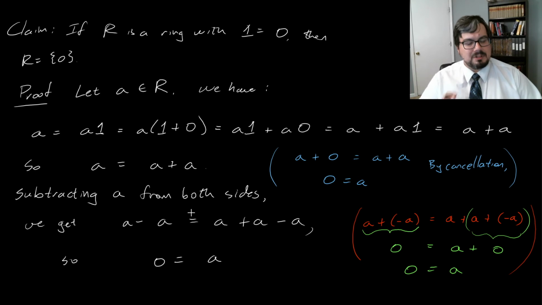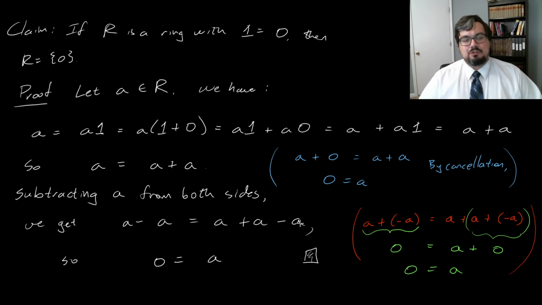You have to be careful with multiplication, but the addition works basically how you think it should if you just use your intuition from the integers. So that finishes up this claim. The only ring that has an additive and multiplicative identity being the same is the trivial ring.